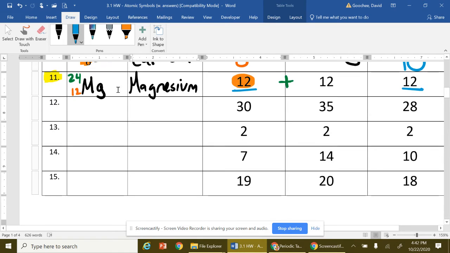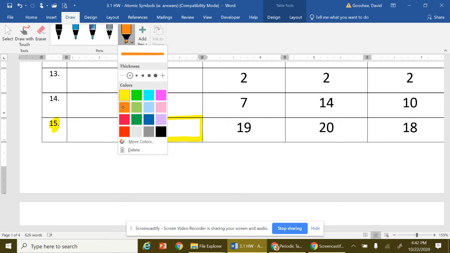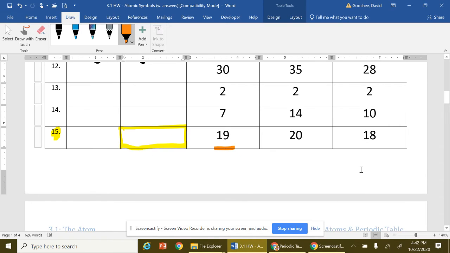Okay, let's try another one. Let's do number 15. We need to identify what element this is. What is the name of this element? Well, it's element number 19. The number of protons is its number on the periodic table.